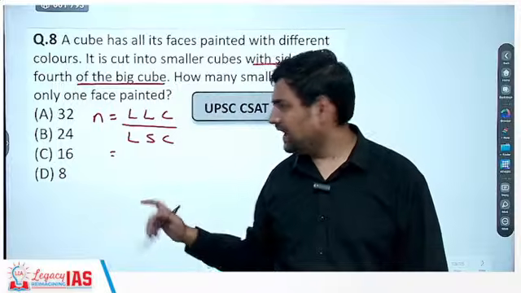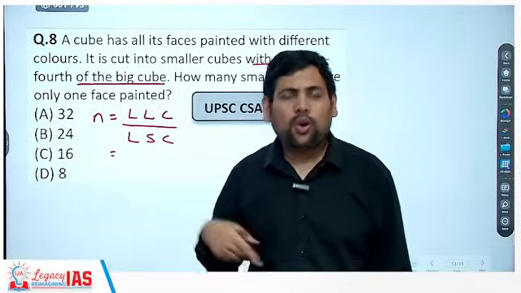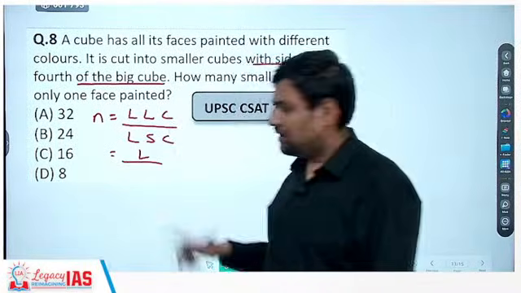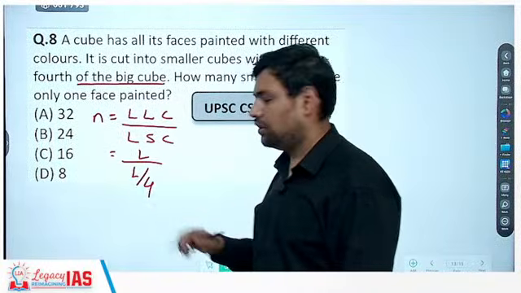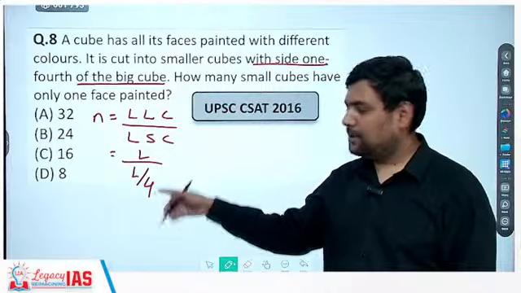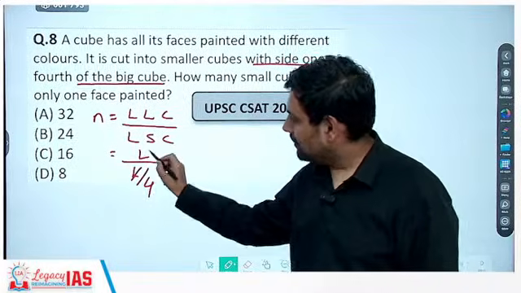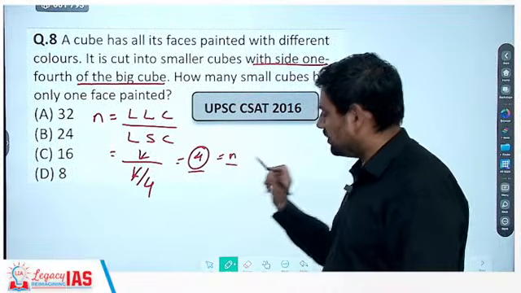So let's say length of larger side is L, then length of smaller side is what? L by 4. Correct. Now L by 4, 4 will go above, and L and L you can cancel out. So ultimately what you get is 4. So n is equals to 4.